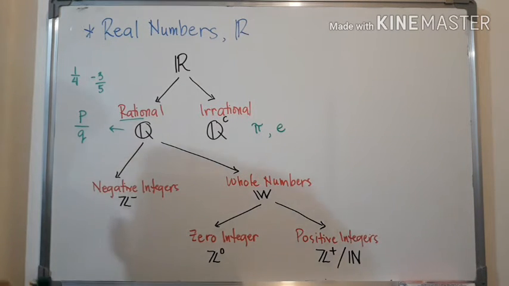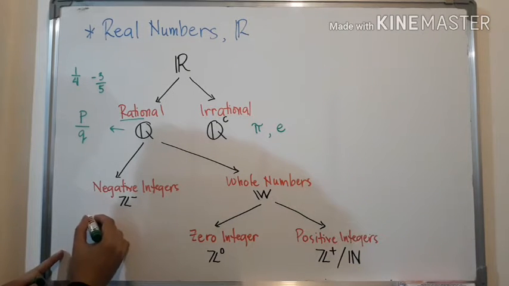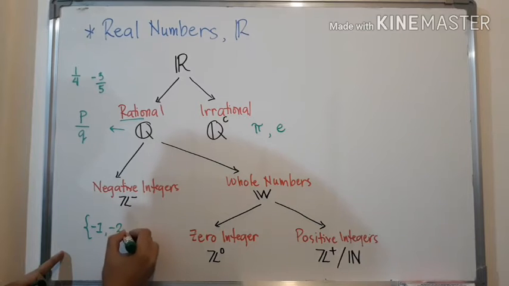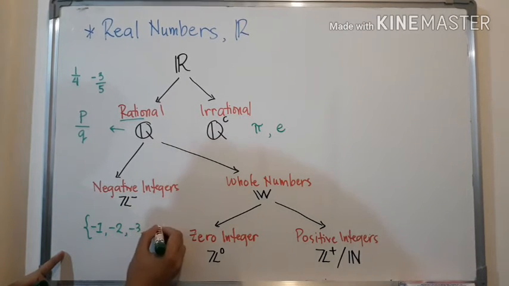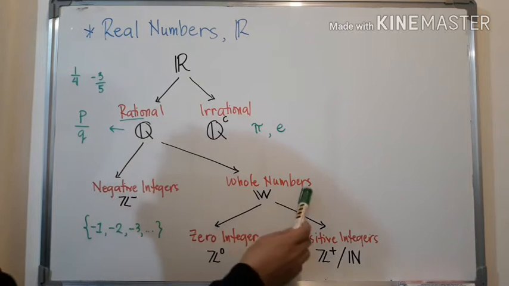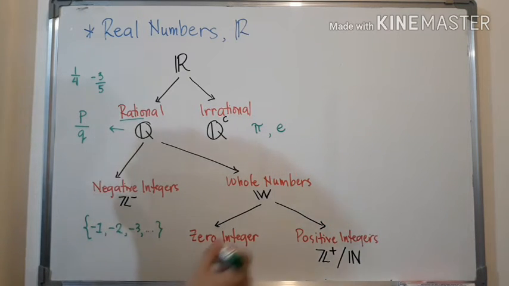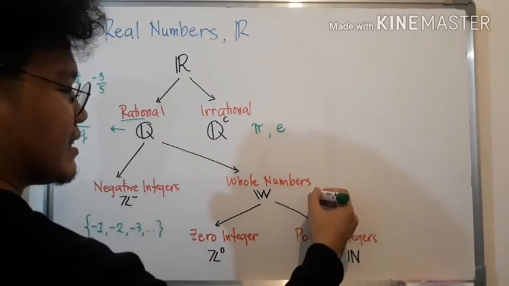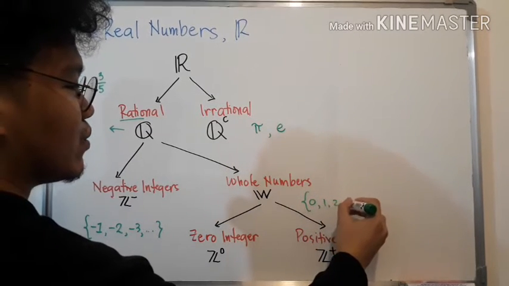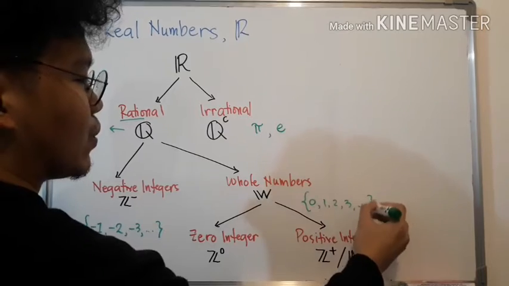Examples of negative integers, we have negative 1, negative 2, negative 3, and so on. And we also have whole numbers.